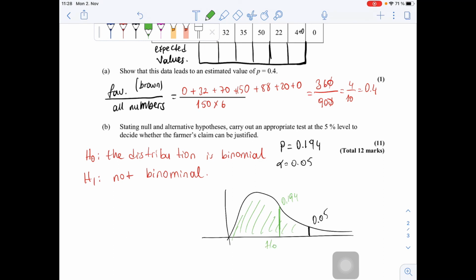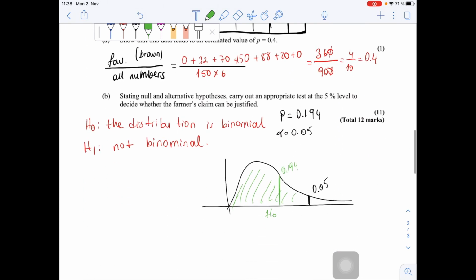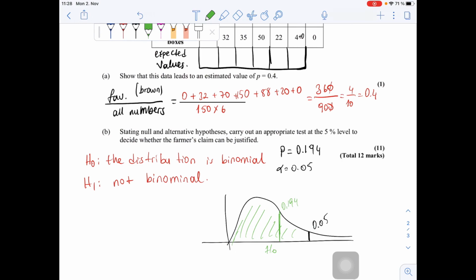That means we are going to accept the null hypothesis, right? The distribution is binomial. We are going to reject the alternative hypothesis. And the farmer's claims can be justified. That's it. All right, let's go to number 10.